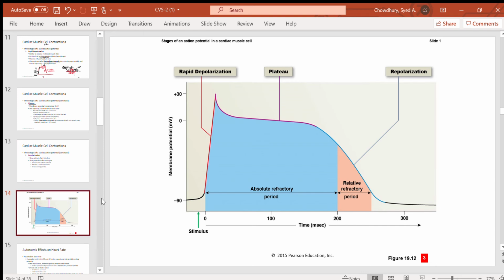Okay, so now the cardiac muscle has some important physiological properties. What are the properties? Let me mention those. One is called autorhythmicity.